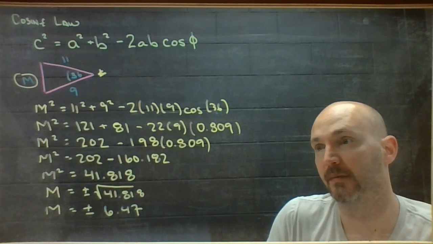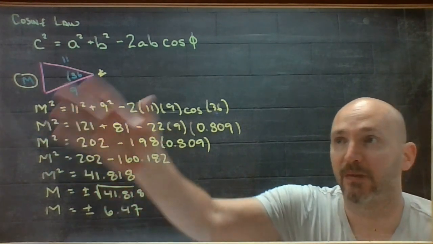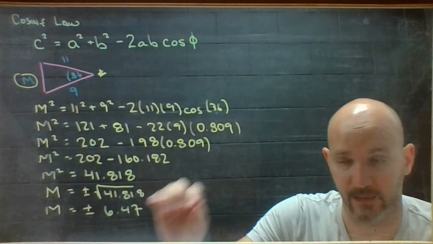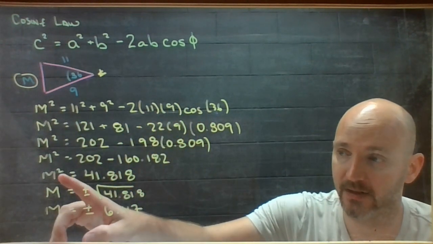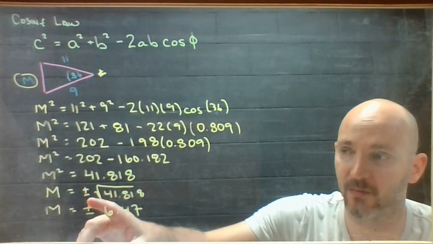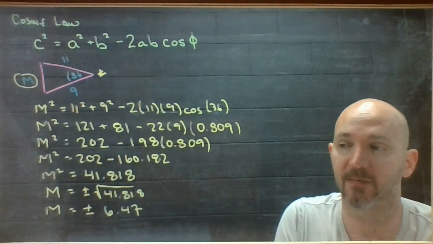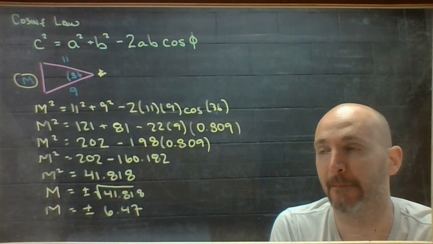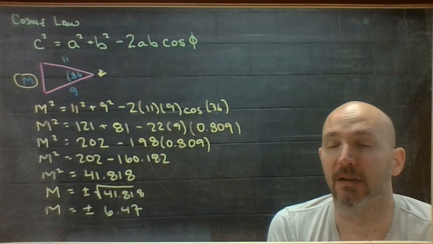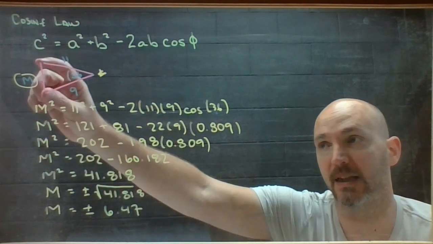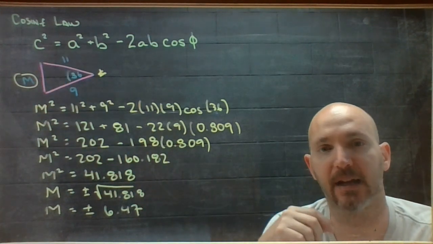Okay. So if you've got all the numbers and you just have them on this side, you just have to slowly work your way through the order of operations. And because I do technically need plus or minus anytime I break a square with the square root, I end up with the answer plus or minus 6.47. Now, in the context of a geometry problem, the length of this side can't be negative, right?